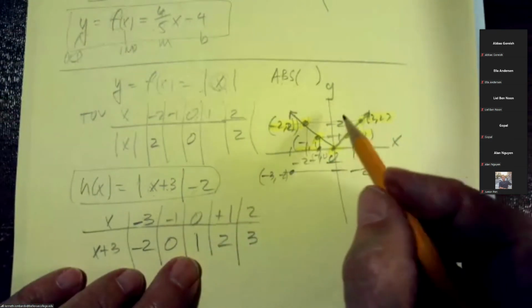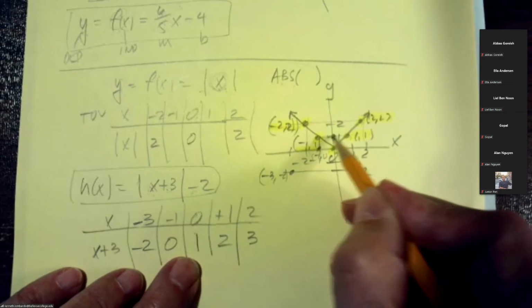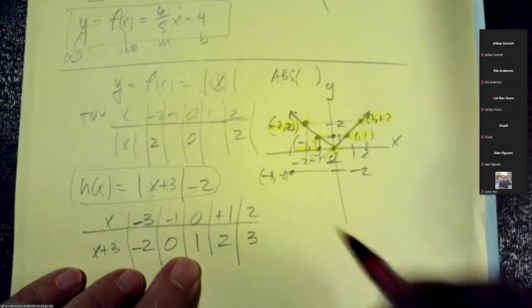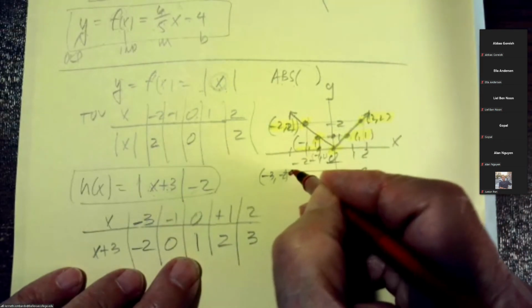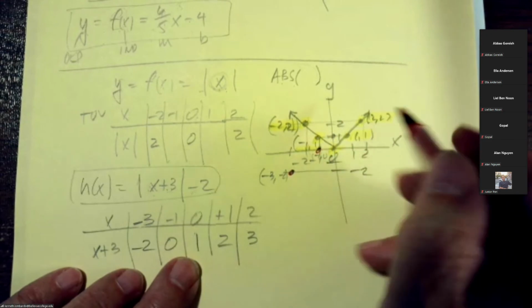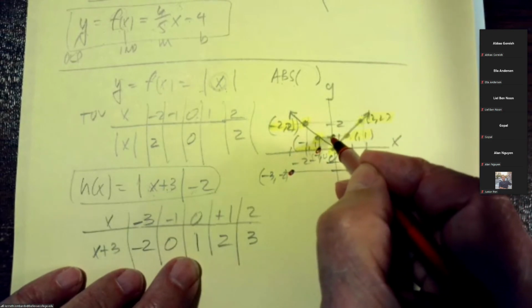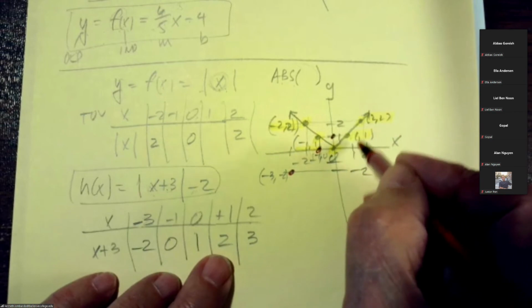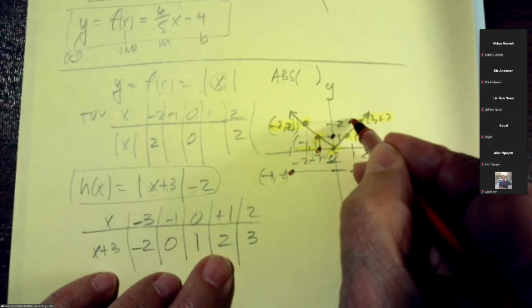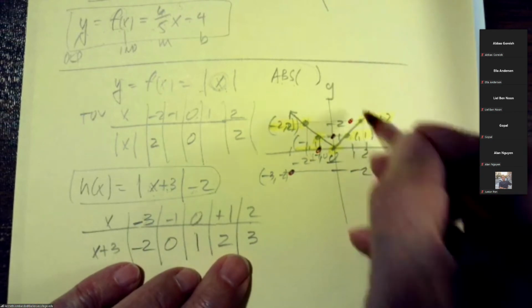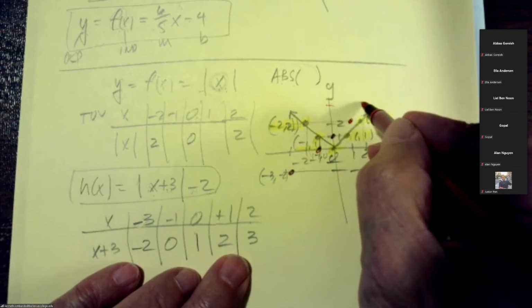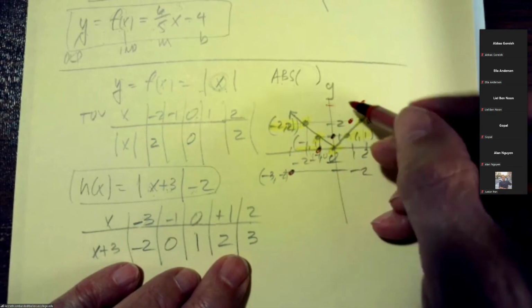At 0, we're at 1. So that's there. So maybe I should mark these with a different color so I can see them a little better. So that's there, there, 0, I'm at 1. At 1, I'm at 2, so I'm up here. At 2, I'm at 3, so I'm up here.